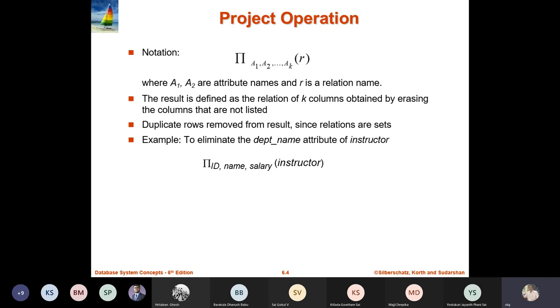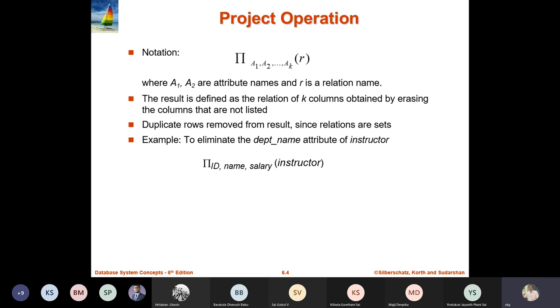Suppose I want to only project the department name. There may be a number of instructors from the same department, so one department may be repeated a number of times, but as relations are sets, those duplicate rows are removed, right? What we see in case of SQL also.